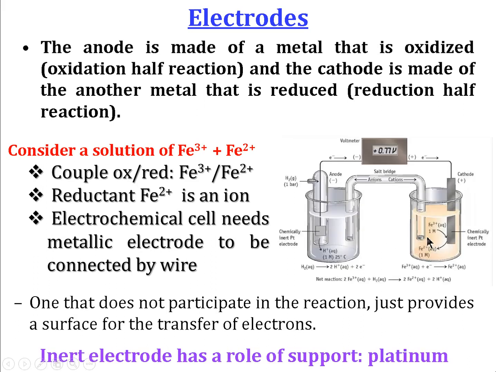So in this case, we use an electrode of platinum, which is an inert electrode, so it does not do any redox reaction. And at the same time, this inert electrode plays the role of support of the reductant Fe2+, as shown in this figure.